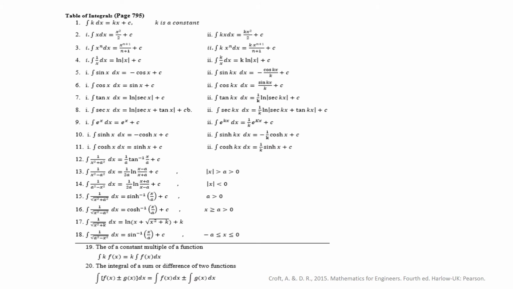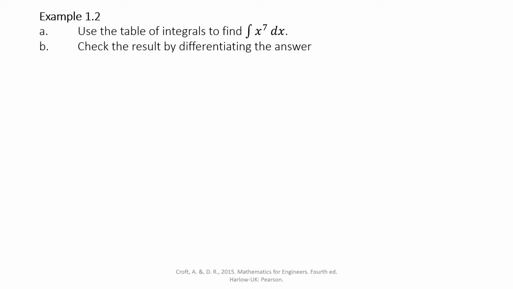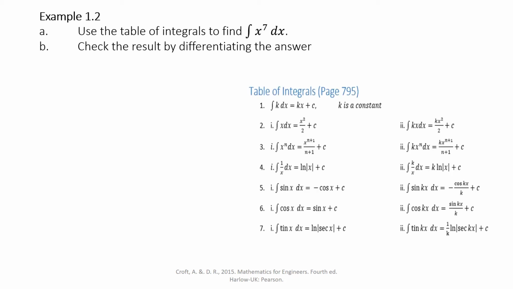Like the table of derivatives, we have a table for integrals as well, and we'll use this onward. Here is an example, the integral of x to the 7, which we are doing with the help of the table, a screenshot of a few rules of the formula sheet. x to the 7, I think it is comparable to rule 3.1. x to the 7 and x to the n are the same.